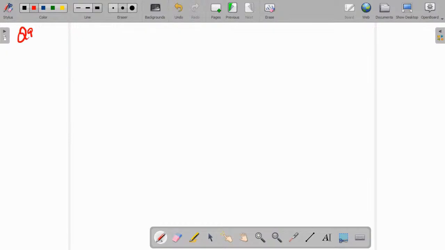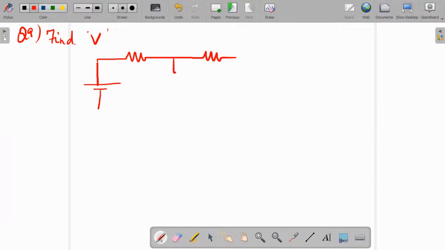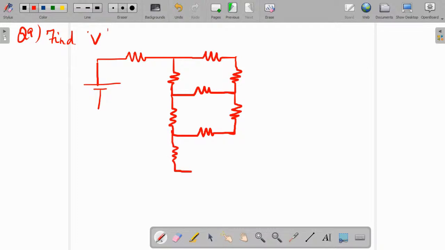Next, question number 9. So find V. So this is V and it is delivering 2 ampere current.